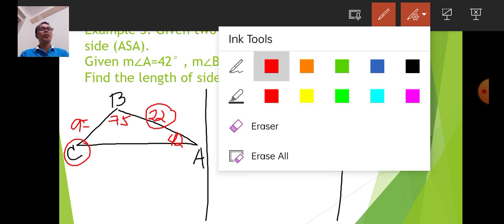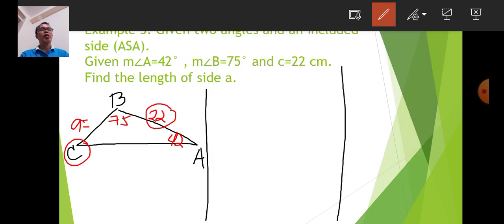So we add angle A plus angle B plus angle C, which must be equal to 180.